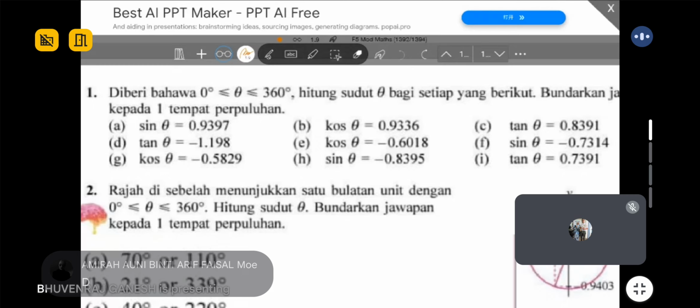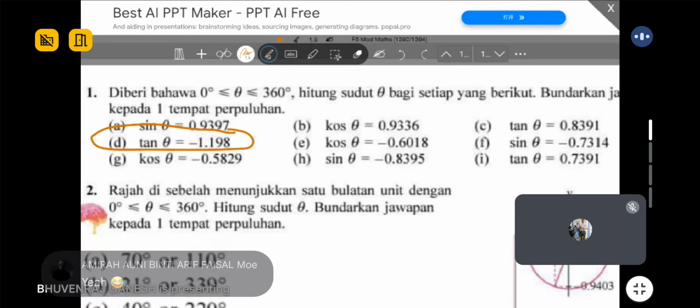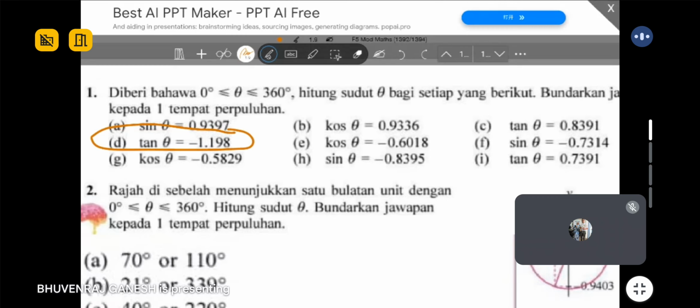D. Okay, guys, kamu semua tak suka tangent ke? You all don't like tangent? Is it you all feel scared when see tangent? Ada perasaan takut bila nampak tangent tu datang? Tak tahulah, sebab orang ada cakap tangent tu lebih susah. Graf dia semua tu kan. Betul. That's why kamu semua tanya tangent.